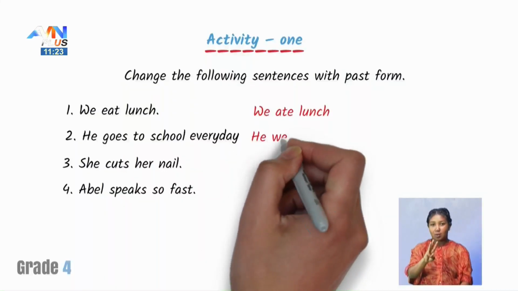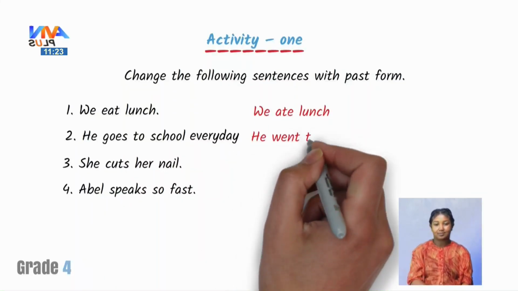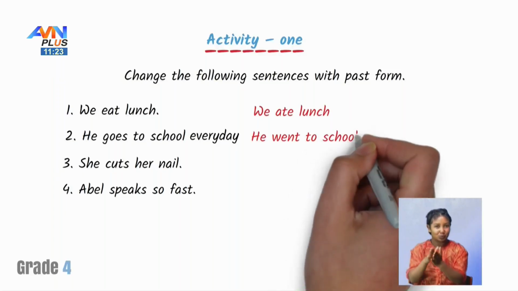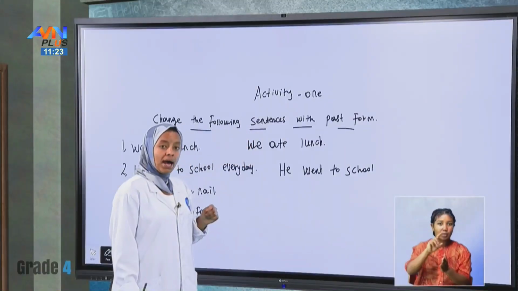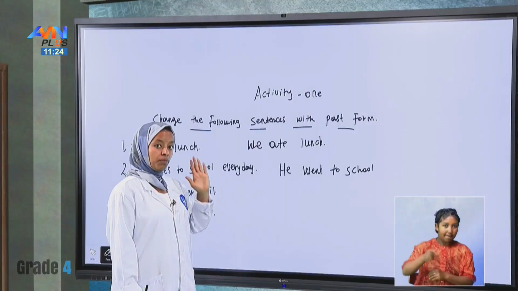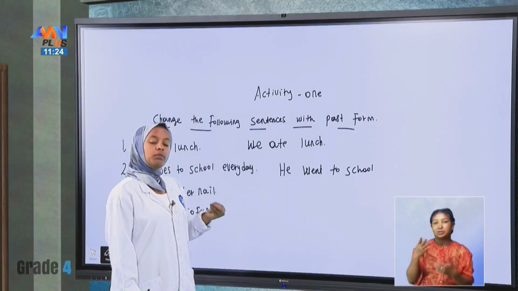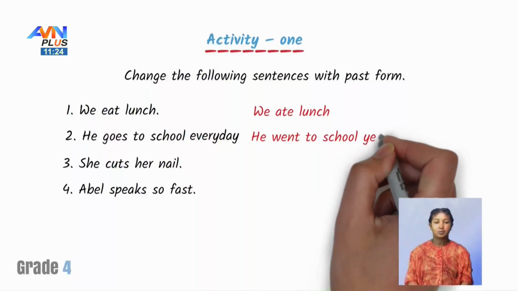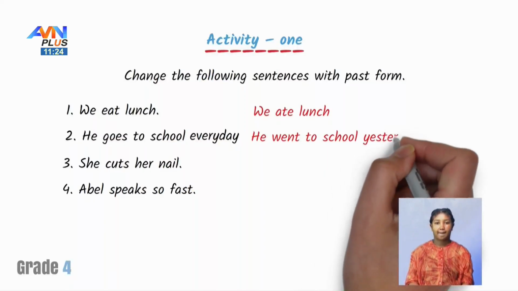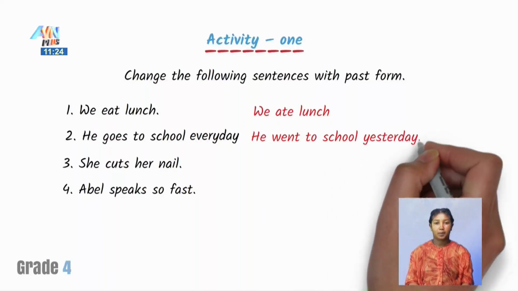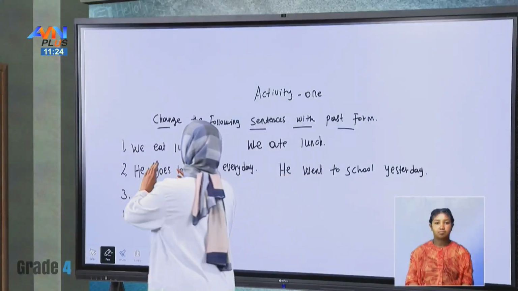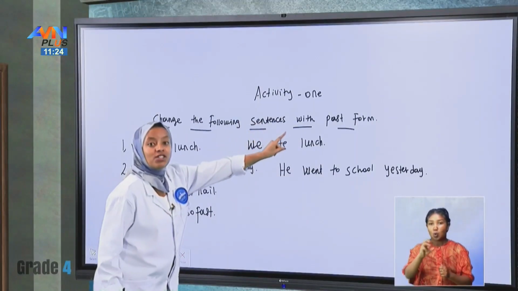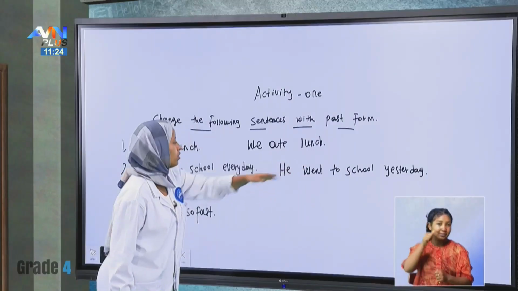He went to school. Let us use past time or that completed already. We can say yesterday. Here is, we change goes to went every day with yesterday. That's past already. Bravo, students.